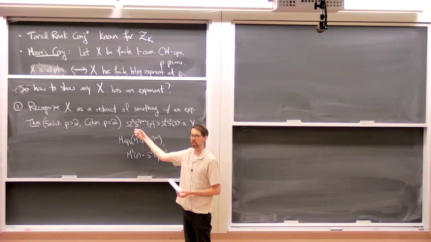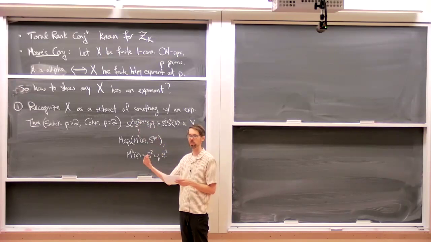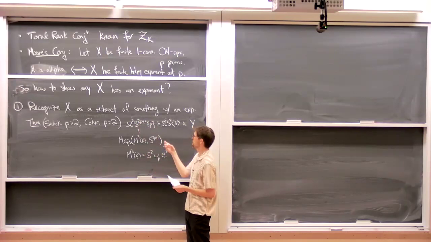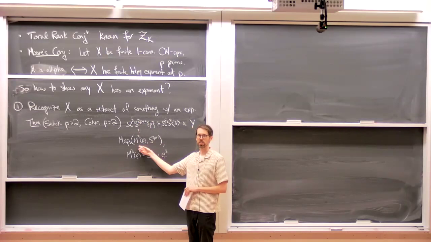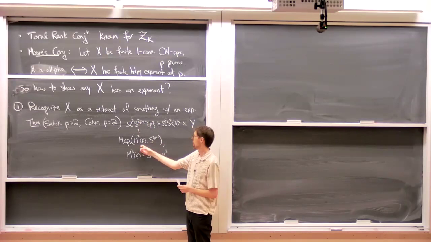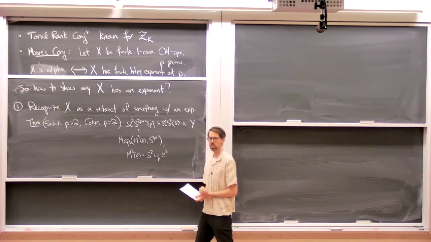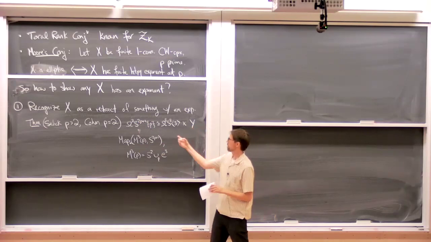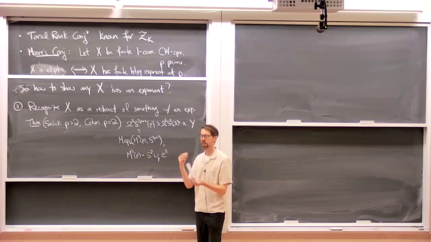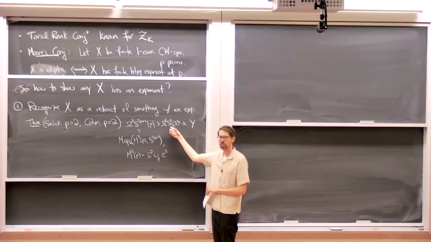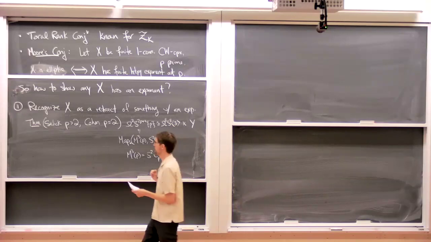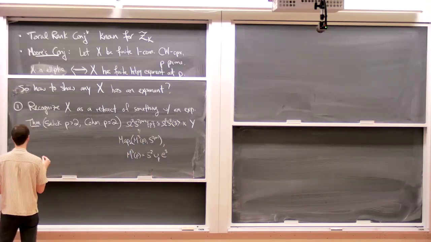You can think of multiplication by P on this space that induces multiplication by P on homotopy, but you can also just think of it as pre-composition with a degree P map. So yeah, that's going to be null just by construction. So this is a space which I would say obviously or a priori has an exponent, and it implies that S3 does as well, which is sort of an amazing corollary here.